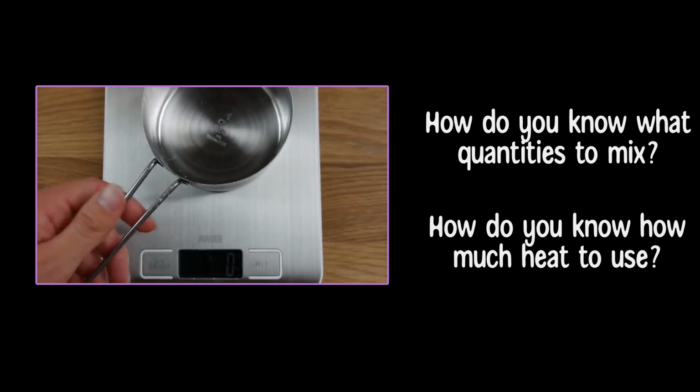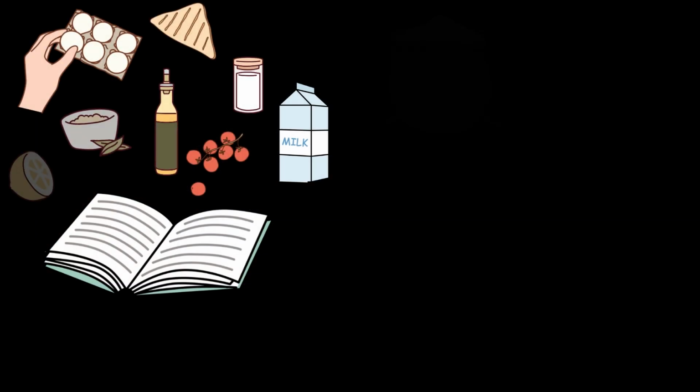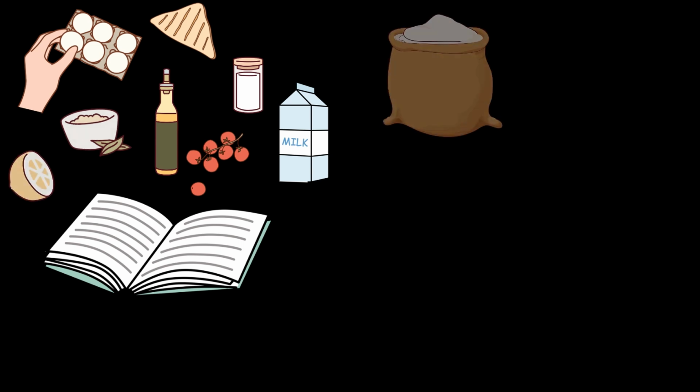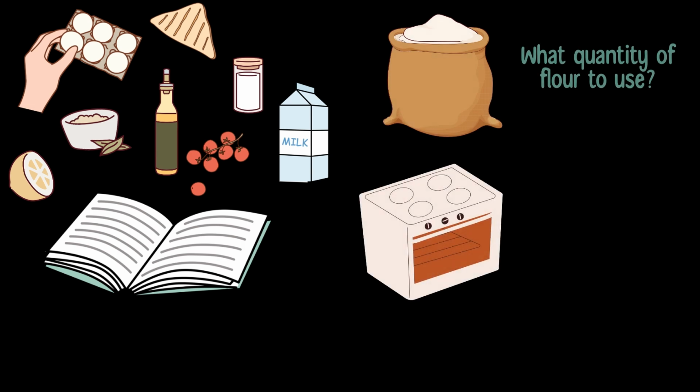To make sure everything is done correctly, we need some way of ensuring that all these values or pieces of information are understood the way they're meant to be understood. For example, the amount of flour, baking soda, or oven temperature you use must be the same amount as intended by the expert writing the recipe.